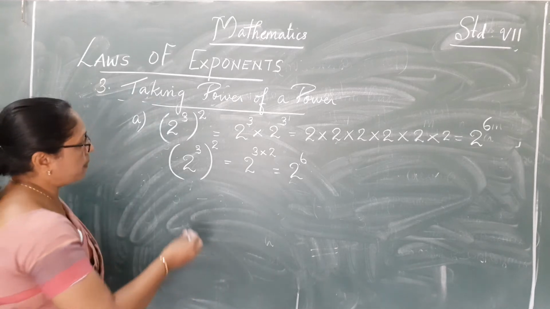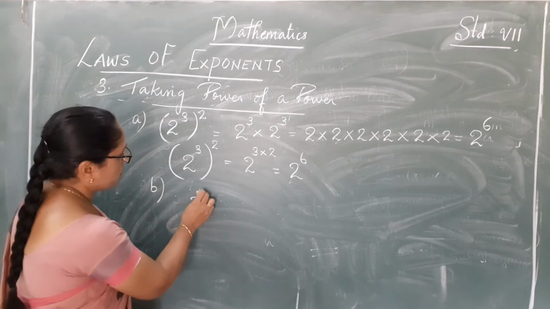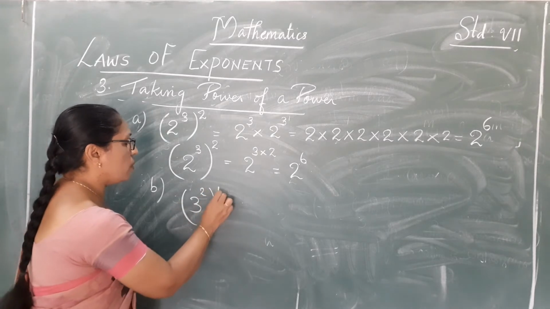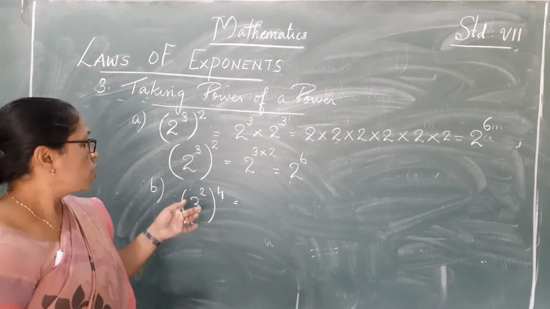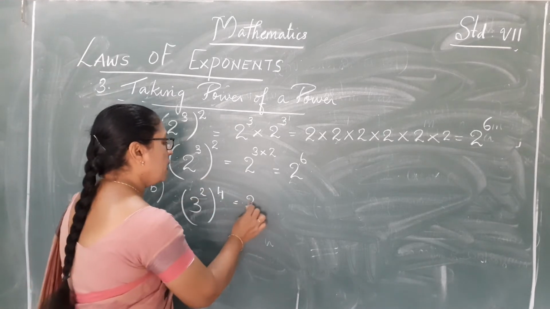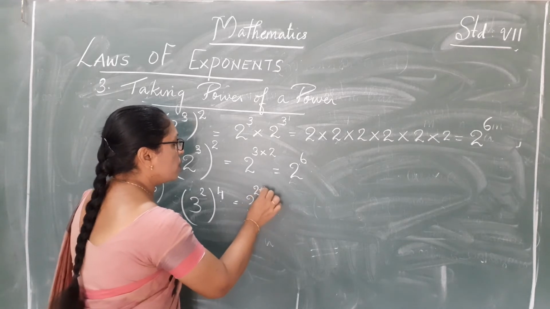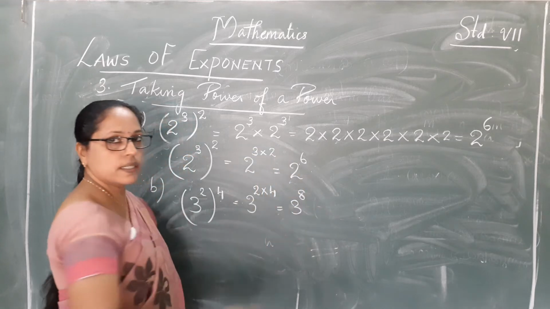Okay, another example. B part, 3 raised to 2 the whole raised to 4. Do it in the same way. So what we get? 3 raised to 2 into 4, which is 3 raised to 8.